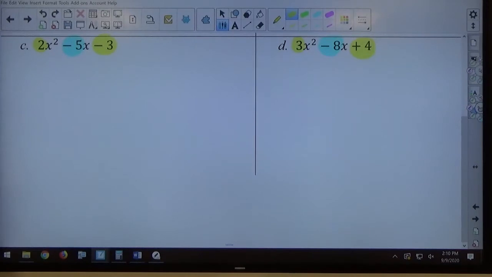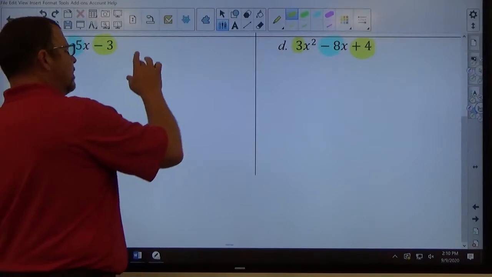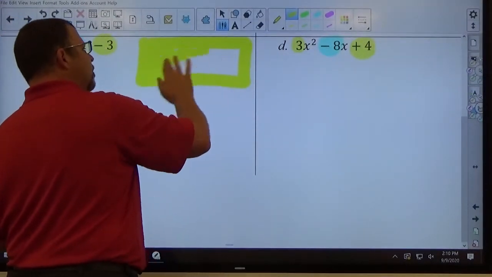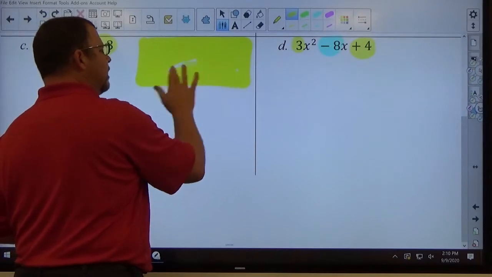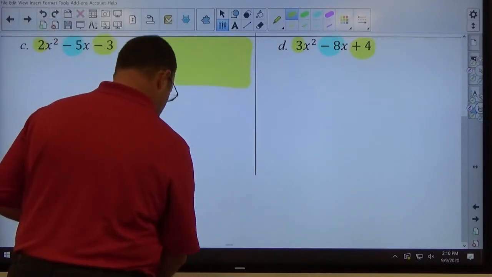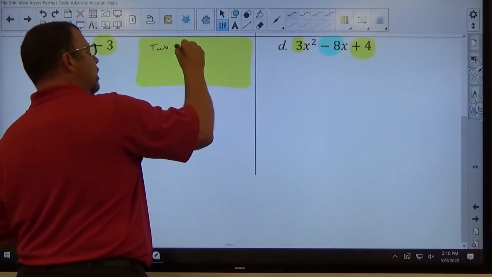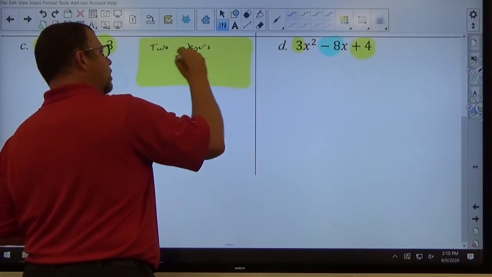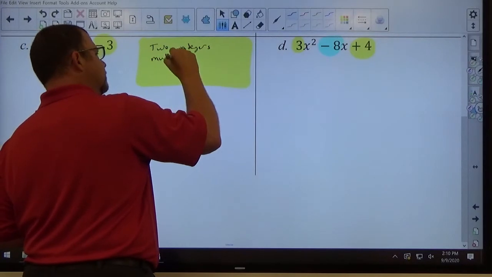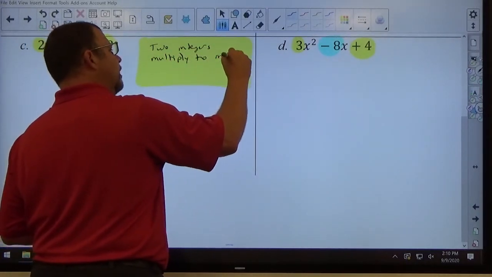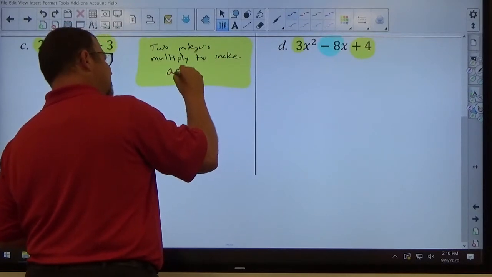We're going to make a similar chart, but instead of finding numbers that multiply to make the constant, we're looking for two integers that multiply to make, see if you buy this, AC.